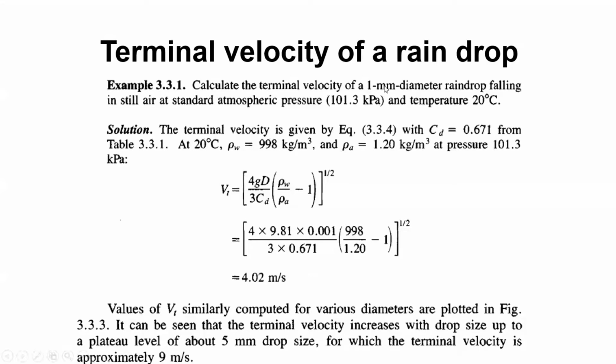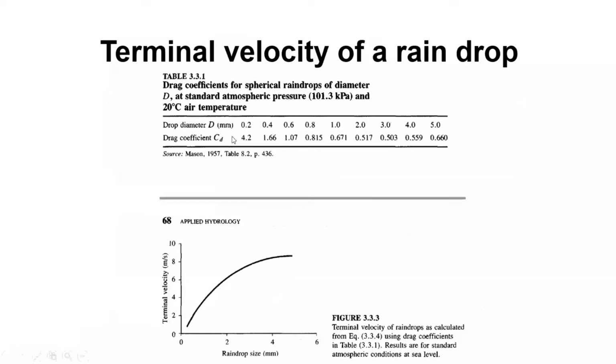You see that the raindrop size is 1 mm diameter, and this 1 mm diameter raindrop attains 4.02 meter per second, and it is constant throughout its journey towards the surface. And you see this curve, which is raindrop size versus terminal velocity.